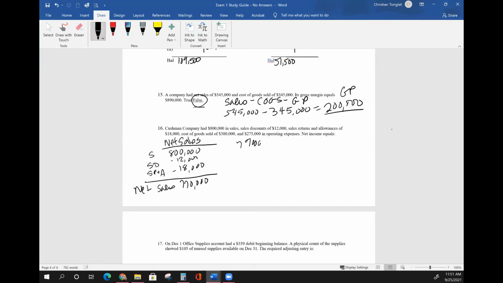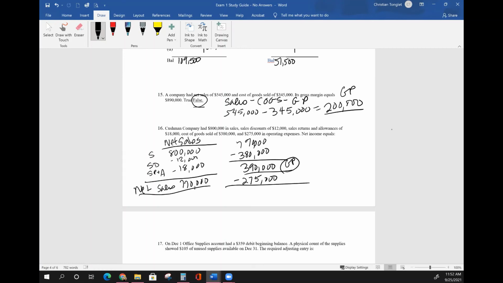If I asked you what's the gross profit, then I have to deduct my cost of goods sold, because net sales minus cost of goods sold gives me gross profit. So I have the 770 less my cost of goods sold of 380,000. That's 390. If I asked for this, that would be your number. Now I want to go a step further because I'm looking for net income. So I need to deduct my operating expenses of 275.